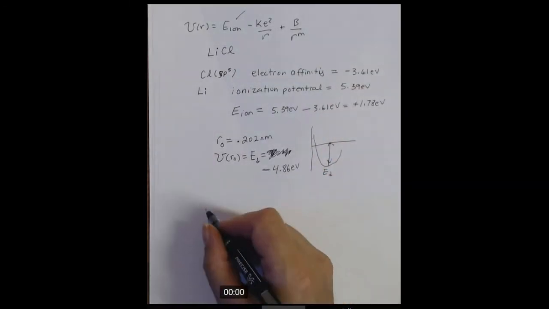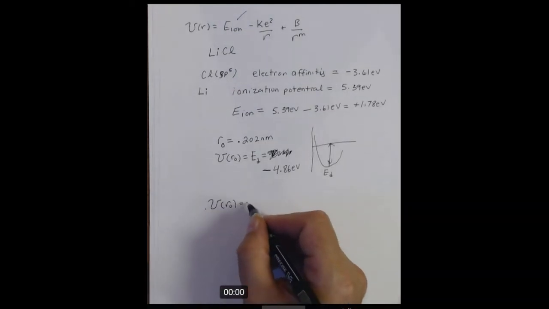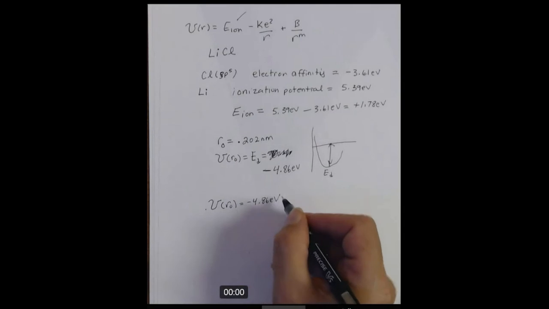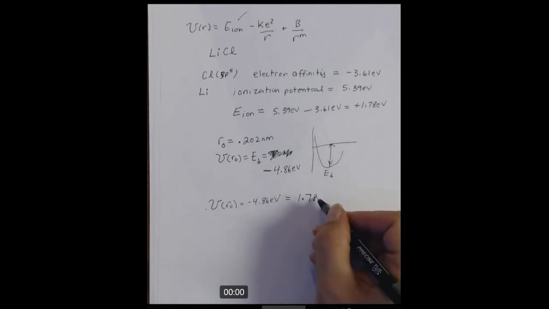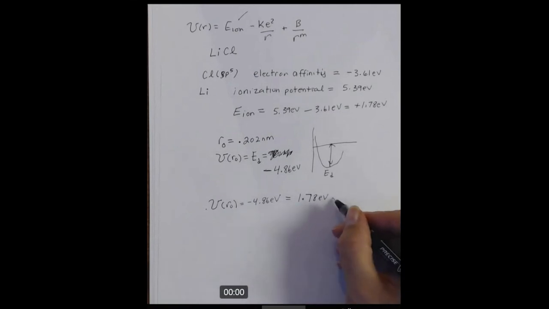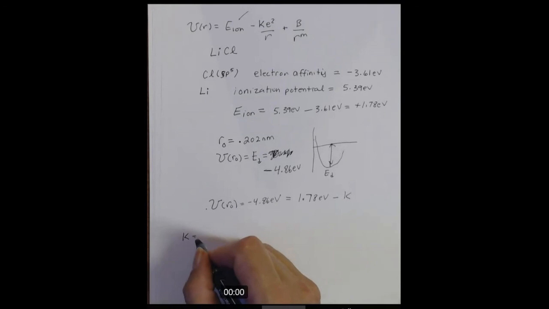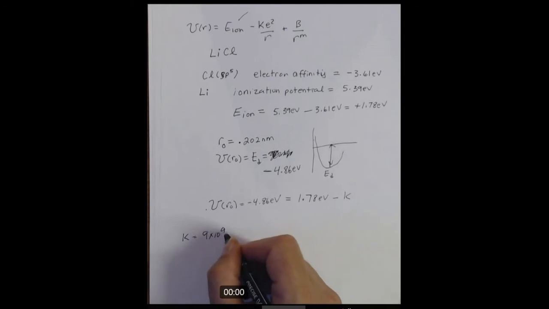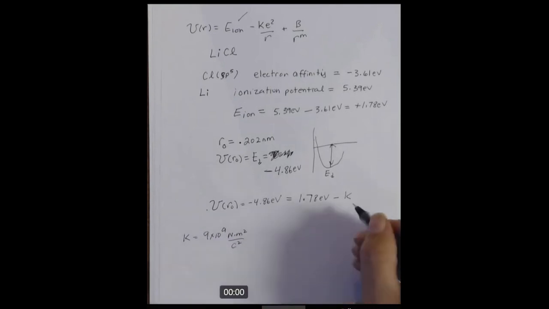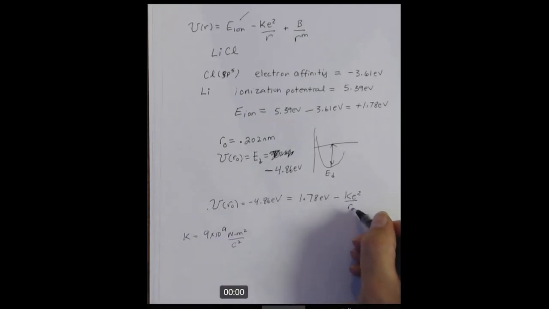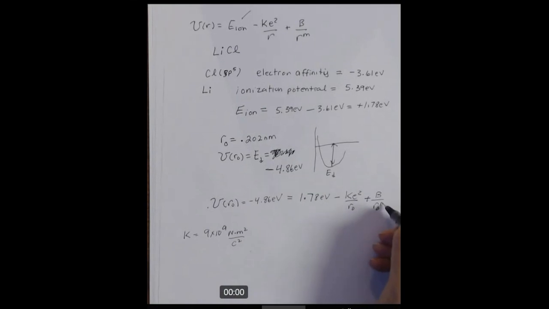So we know the equilibrium distance, and we know negative 4.86 eV equals the energy to create the ions, 1.78 electron volts, minus K, which is 9 times 10 to the 9. K is the constant in the Coulomb force law, in newtons times meters squared over coulomb squared, times E squared over R naught, plus B over R naught to the M power.